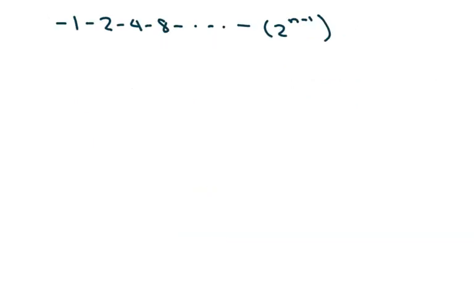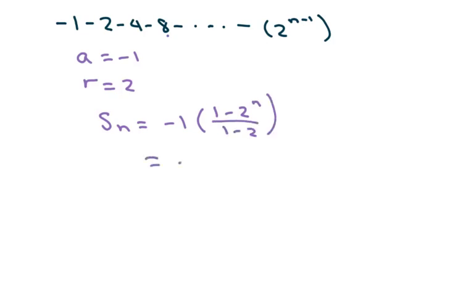Alright? The next one I have is this one. I have my first term is negative 1. My ratio is 2. Clearly, you can just see we're multiplying each term by 2. And so I'm going to use my sum formula. And I have negative 1 times 1 minus 2 to the little n over 1 minus 2, which equals negative 1 times 1 minus 2 to the little n over negative 1.